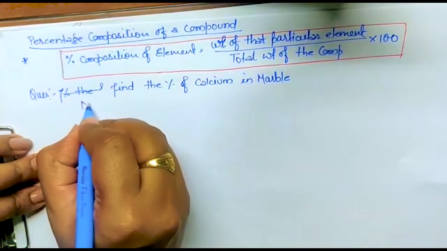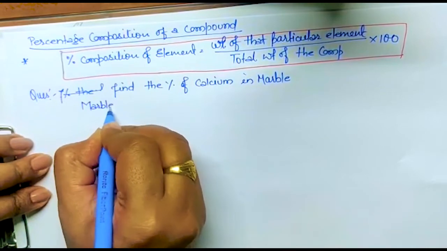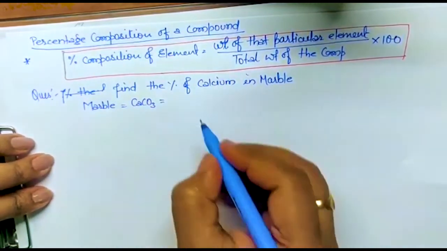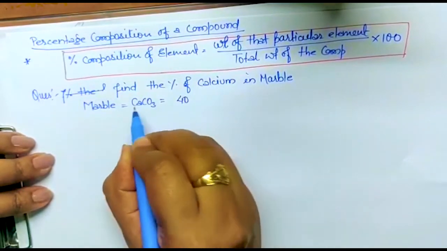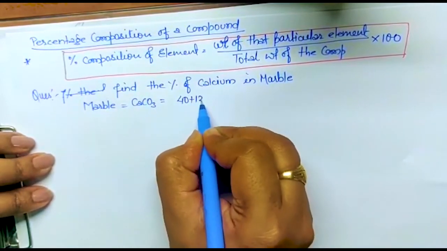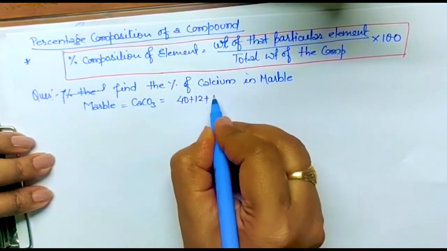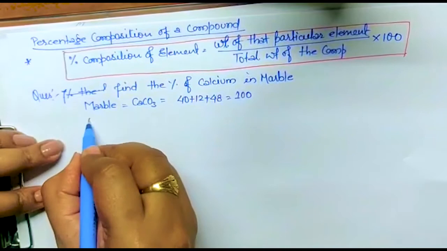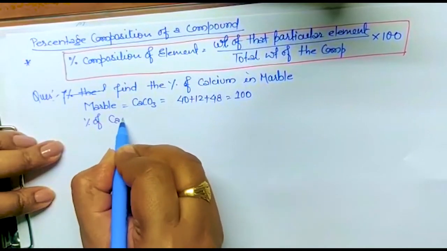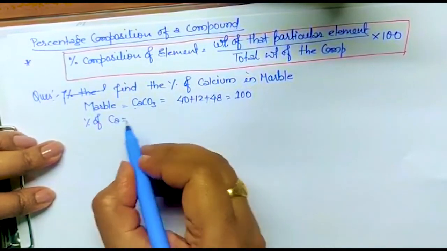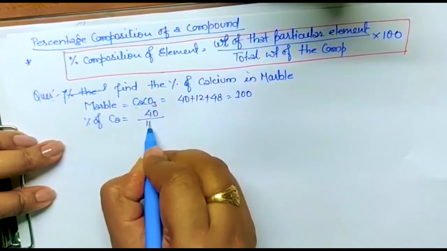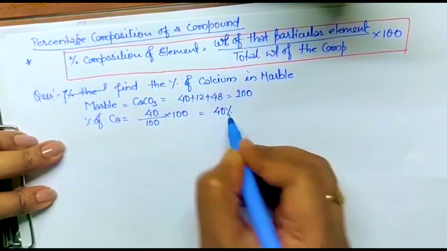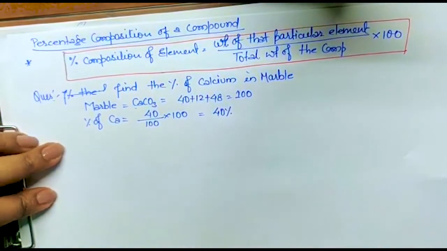Let me solve this. Marble formula is CaCO3, so find the total weight of this. Calcium is 40, carbon 12, and oxygen is 16. 16 threes are 48. Total is equal to 100, isn't it? So percentage of calcium is equal to weight of calcium, 40, divided by 100, into 100. So what is this percentage? 40%. Got it?